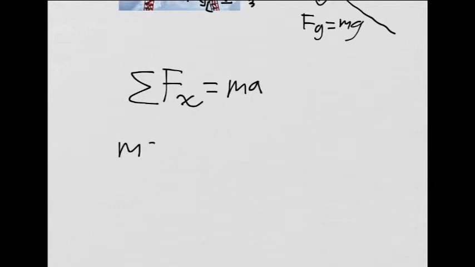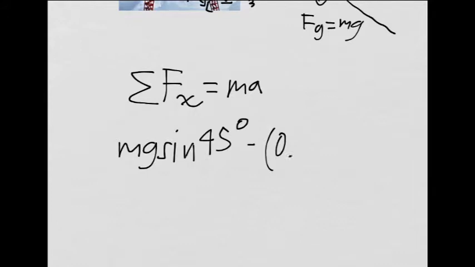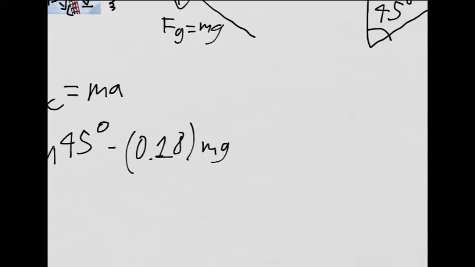So mg sine of 45 minus 0.18 mg cosine of 45 equals ma.